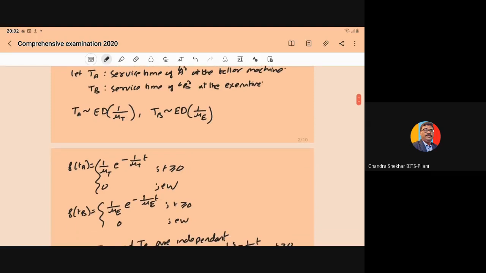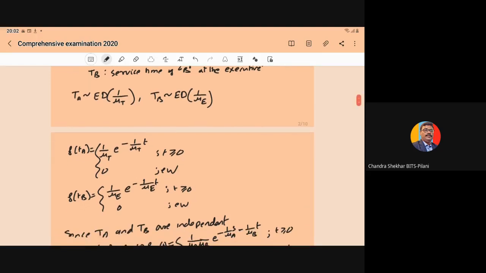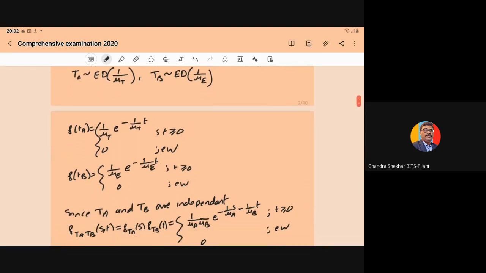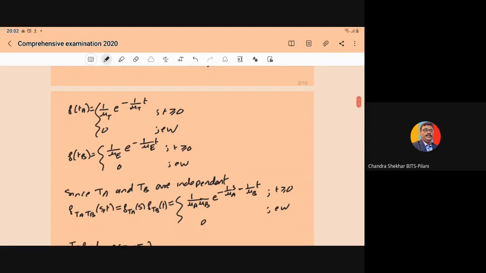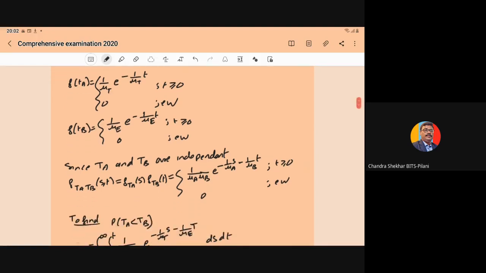Now, since they follow the exponential distribution, their PDFs are given by f of TA = 1 upon mu t e to the power minus 1 upon mu t into t, for t greater than or equal to 0, and f of TB = 1 upon mu e e to the power minus 1 upon mu e into t, for t greater than or equal to 0. Now it is given in the question that the time to service at the teller machine and at the executive are independent of each other.